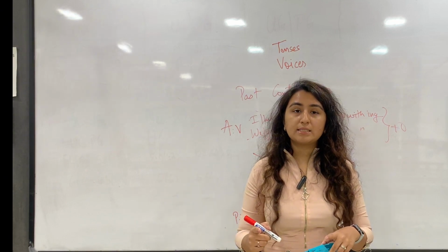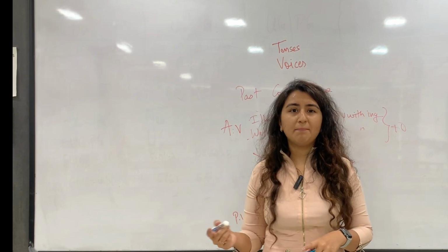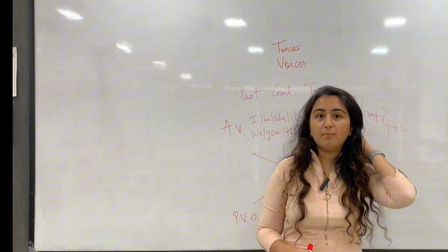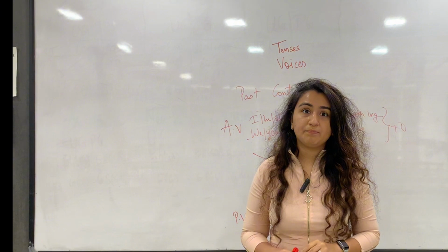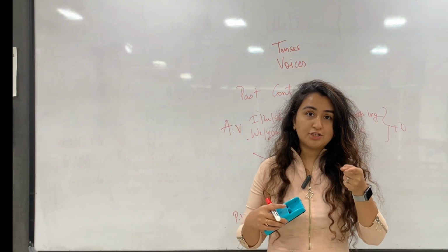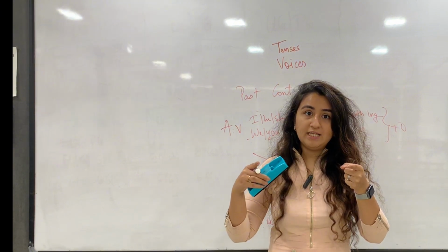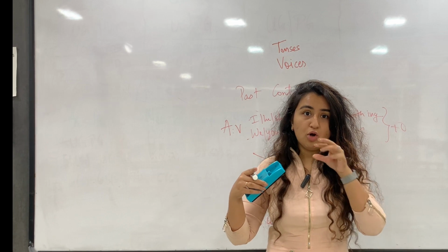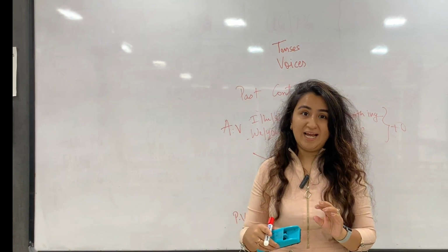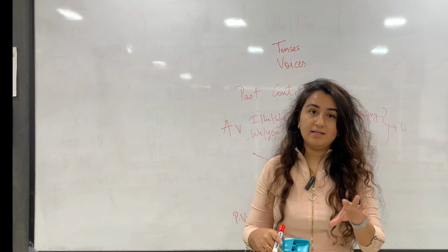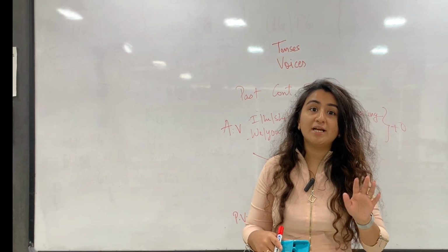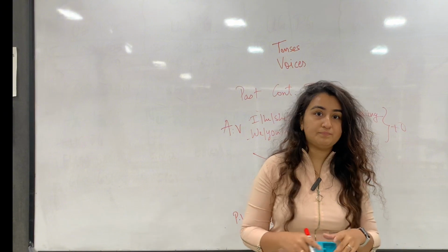So if somebody asks you at night, at for example 9 o'clock, if your father or your mother asked you, what were you doing at 4:30? So your action had started but it had not been completed. So when you want to talk about such timings, such things, you use past continuous tense because your action was not completed at that point of time.